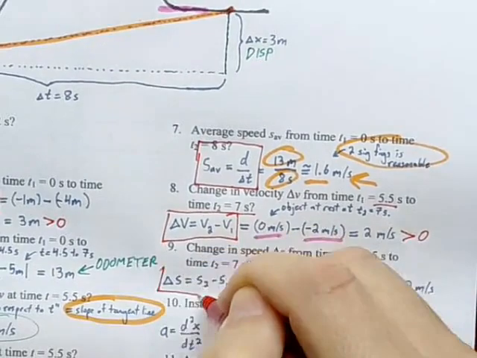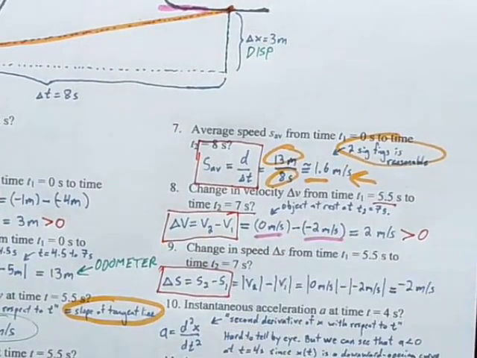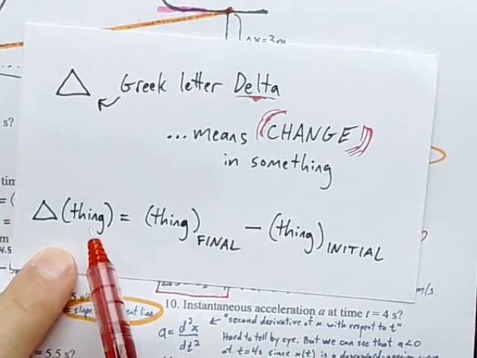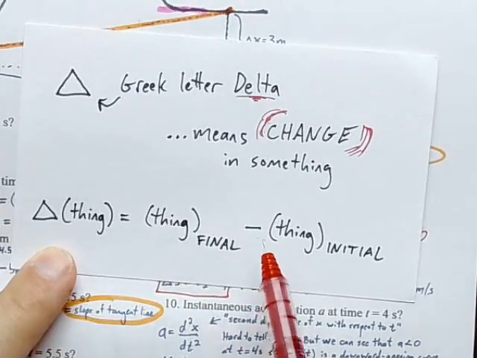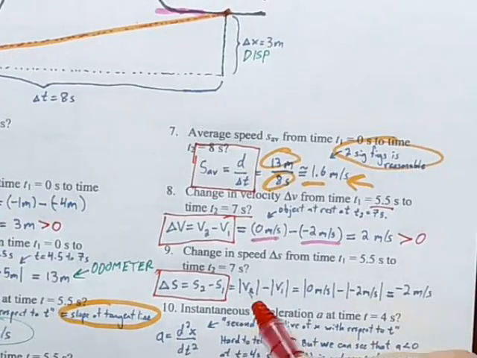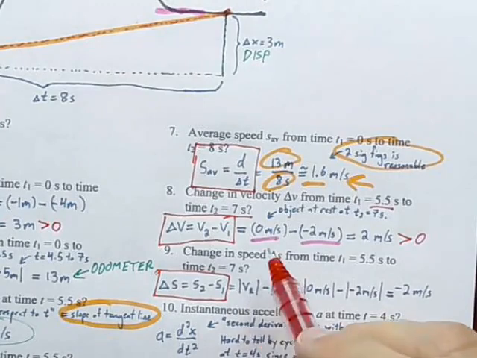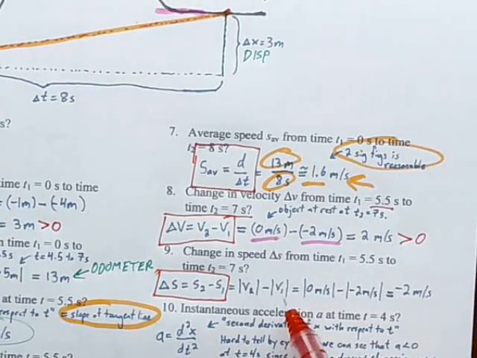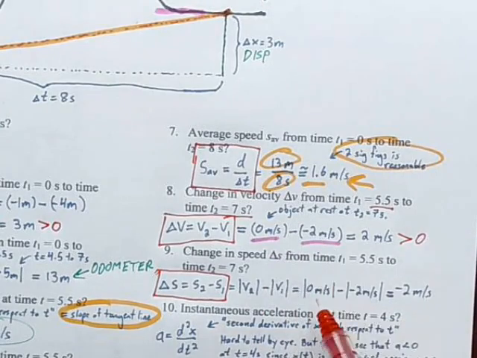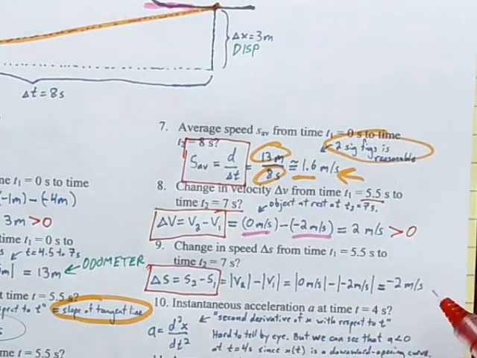Change in speed, we can also find, if we stick to that strict rule, that the change in the thing is always the final value of the thing minus the initial value of the thing. Final value would just be the magnitude of the final velocity, so 0. Initial value would be the magnitude of the initial velocity, which would be 2. So 0 minus 2 gives us negative 2 meters per second.